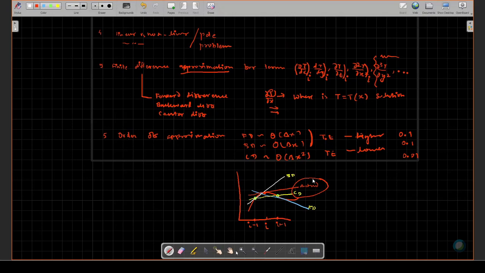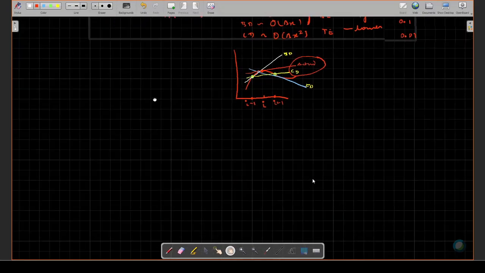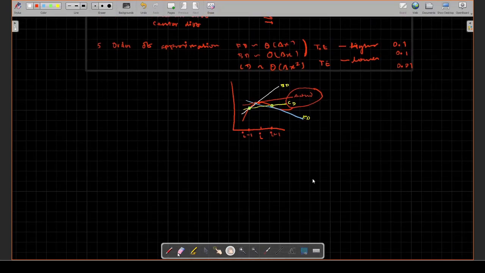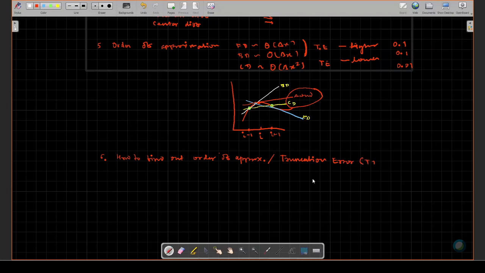We should also know how to find out the order of approximation or truncation error for any given scheme.